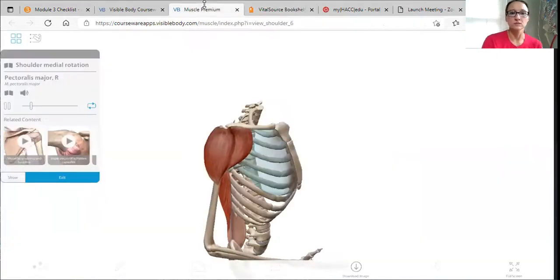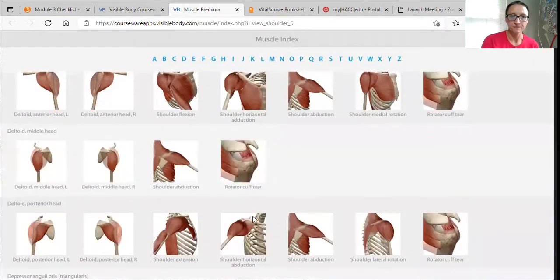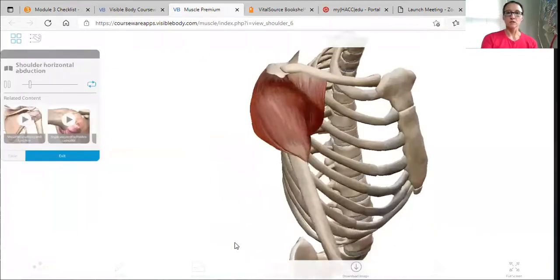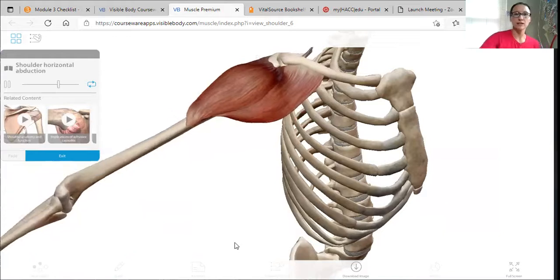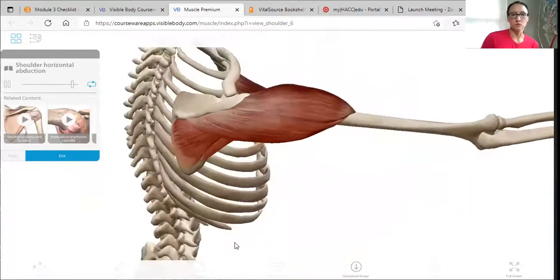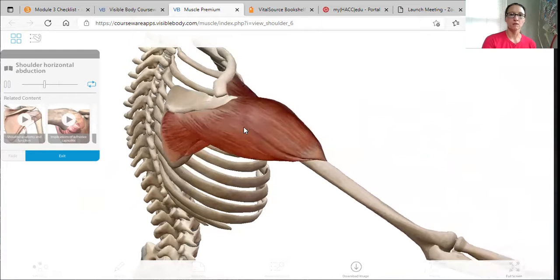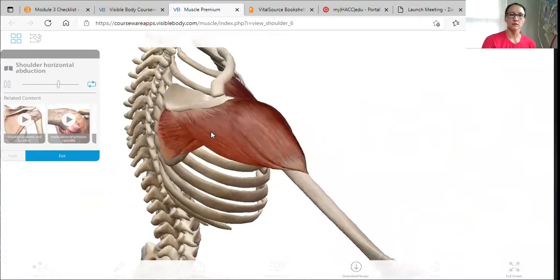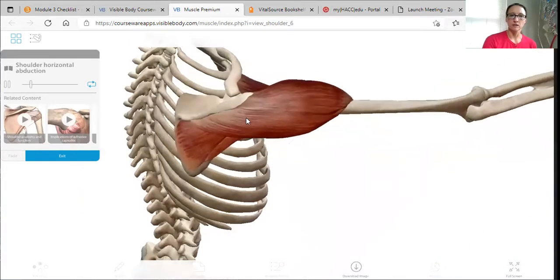And if we go back into here, we can take a look at what those look like as well. So again, we have to go to the posterior deltoid. And so we have horizontal abduction. You can see it's moving away from the midline towards the back of the body. And I'll spin them around here so you can see the actual posterior deltoid here, which is this one. This one right here. You can see it contracting right about in here.